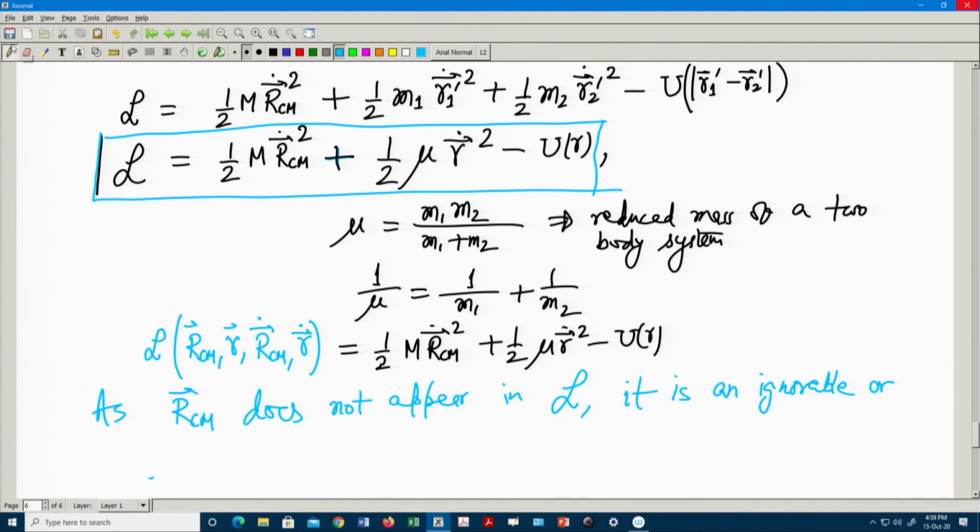Okay. And what is the consequence? The consequence is that the corresponding momentum is conserved.